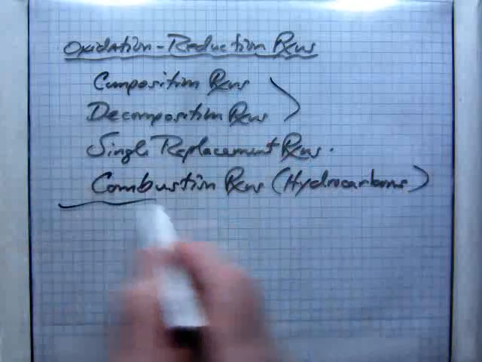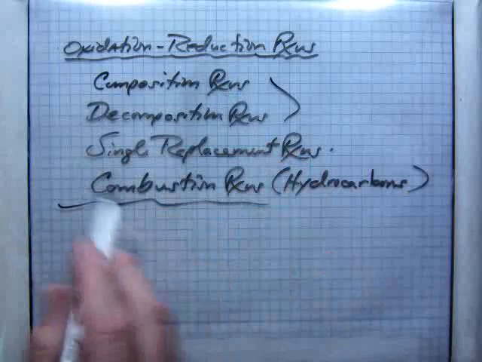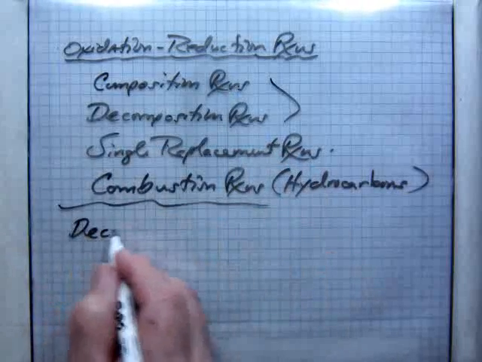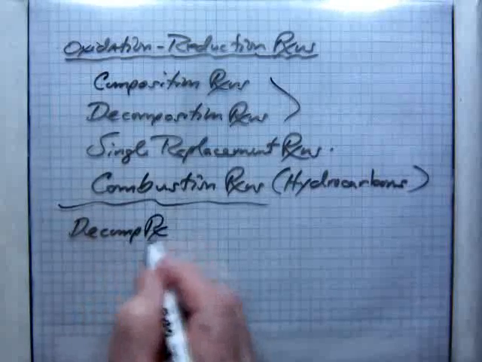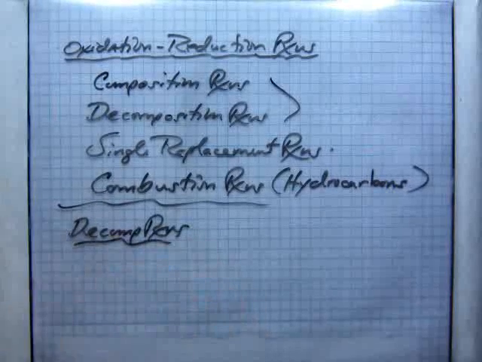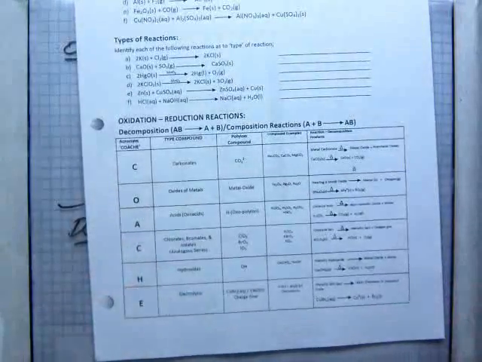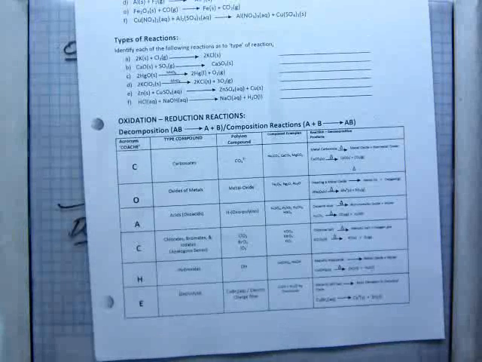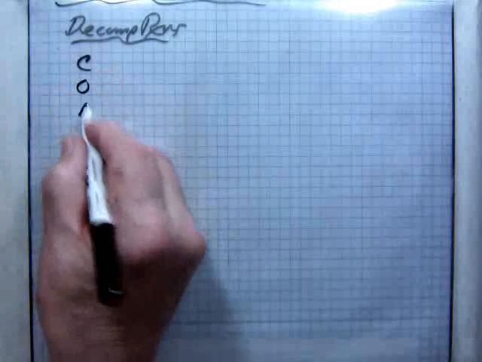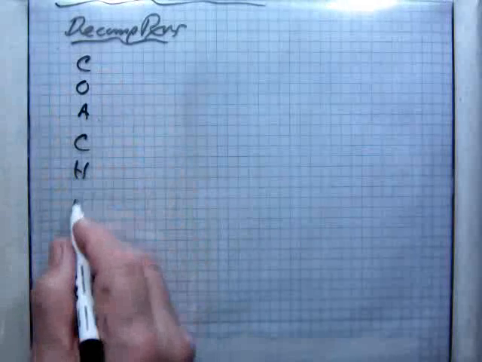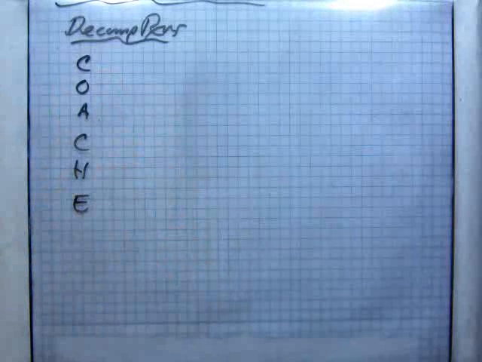Now, to help you memorize the decomposition reactions, you can see on the outline that I gave, on the worksheet, sorry, that I constructed an acronym that can help you remember these types. So if we go COACHE, you can follow me on the list.